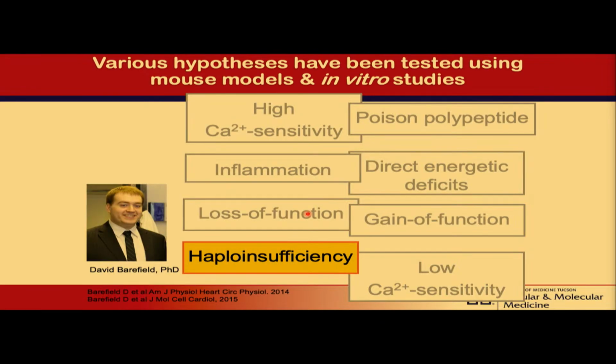So one of our graduate students, David Barfield, studied haploinsufficiency using a mouse model, where one allele is wild type normal, and the other allele is a completely mutant allele, resulting in no protein. So the model we have is just one allele, but showing a very severe phenotype.